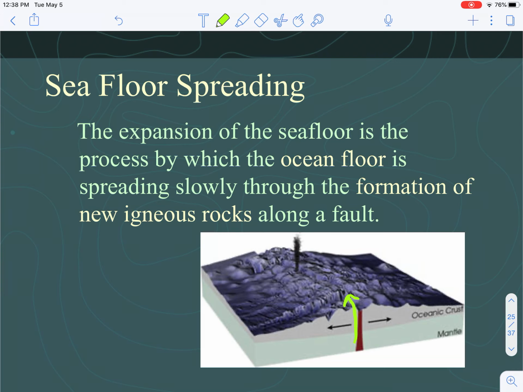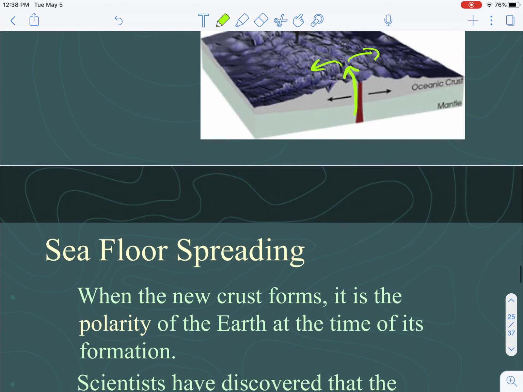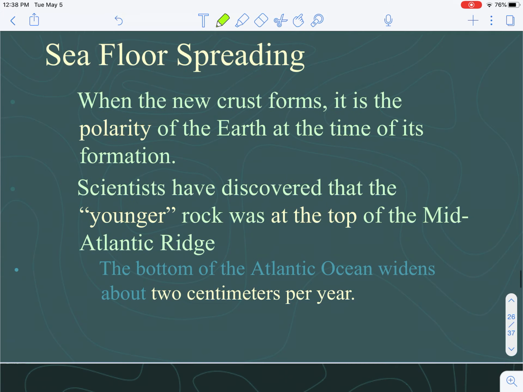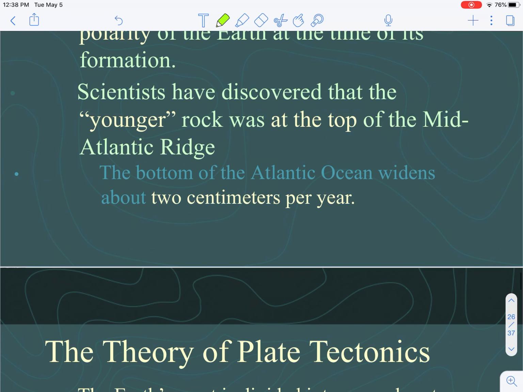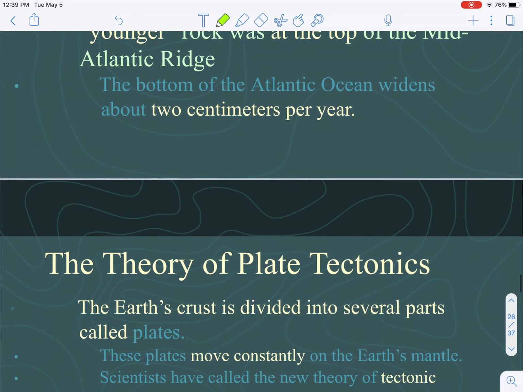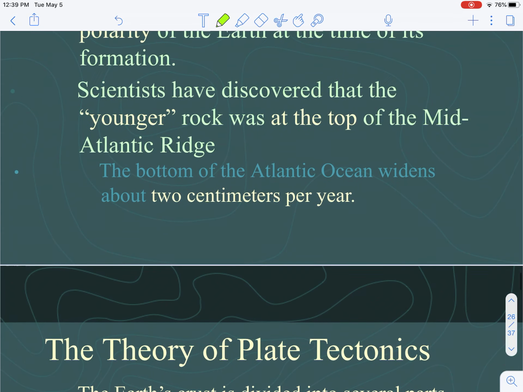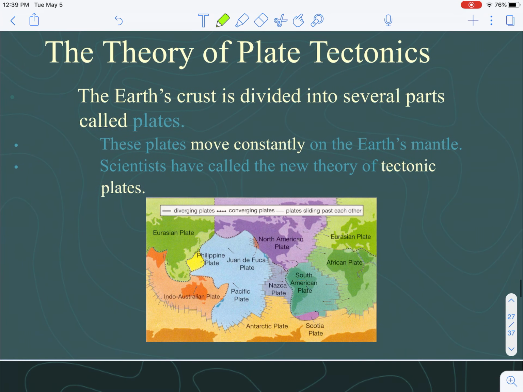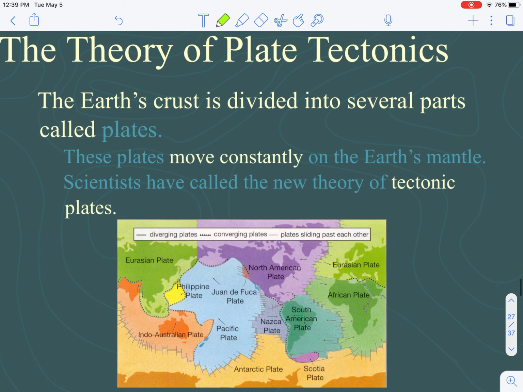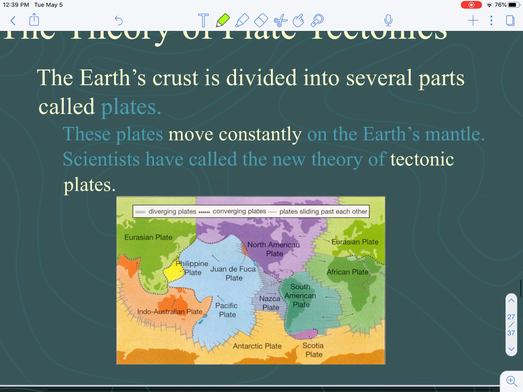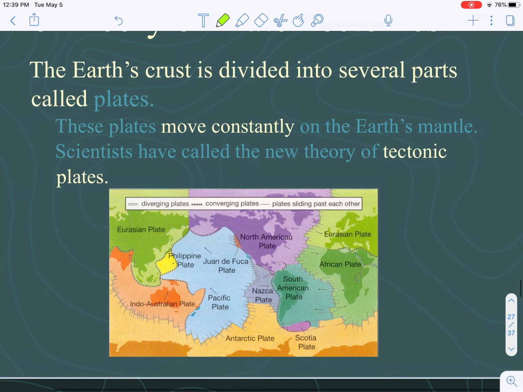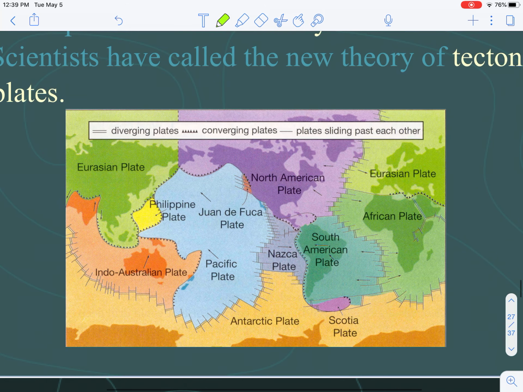So what's happening is it comes up in the mid-Atlantic ridge, and the extra molten stuff is forming new Earth's crust and causing seafloor spreading, and so it'll come up and cause those plates to move apart at that spot. And they believe that at the mid-ocean ridge, Earth's crust is growing there by 2 centimeters a year.